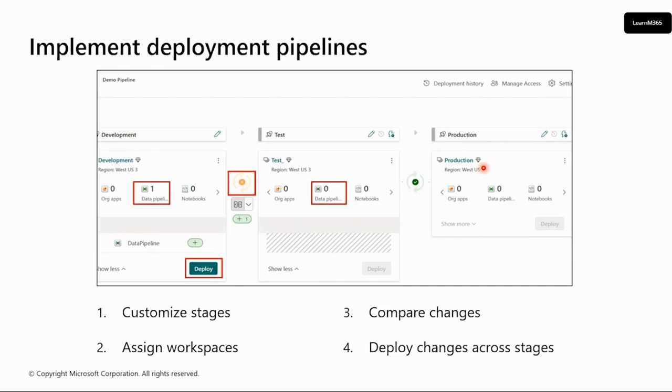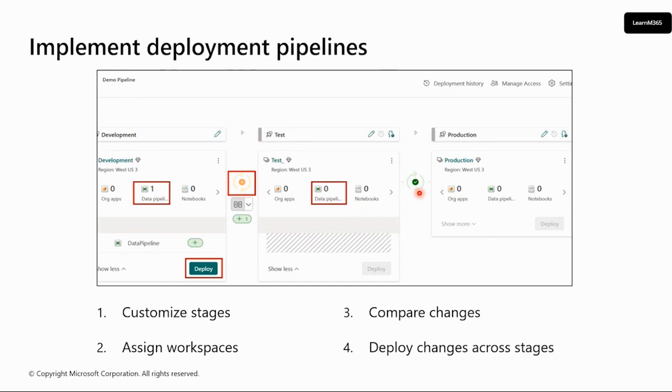Now, other than that, what we need to understand is what these pipelines are used for, or what the use cases of these pipelines are. What are these deployment pipelines? Within the Fabric environment, deployment pipelines help us deploy our Fabric items across different environments, like development, test, and production.